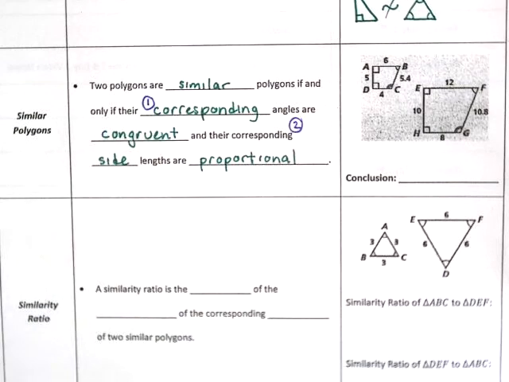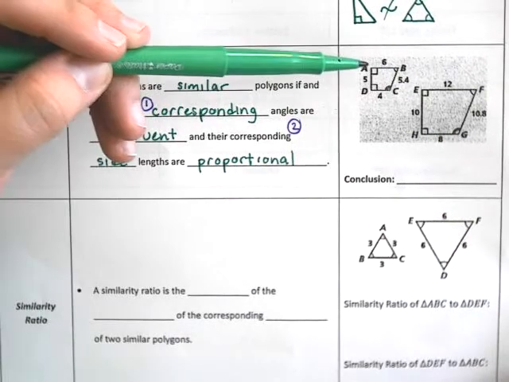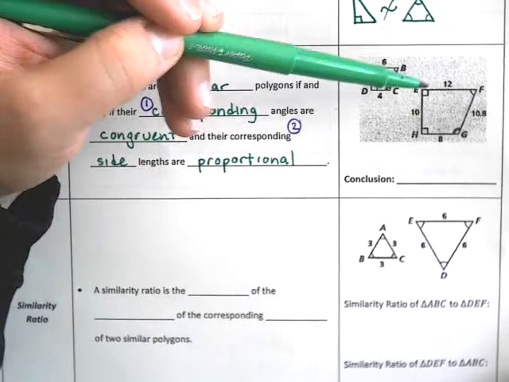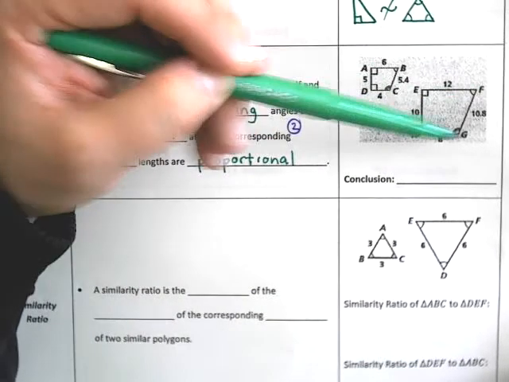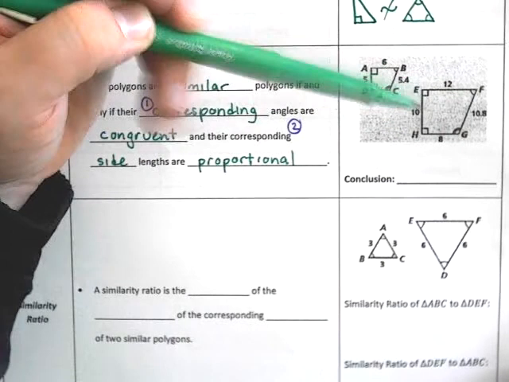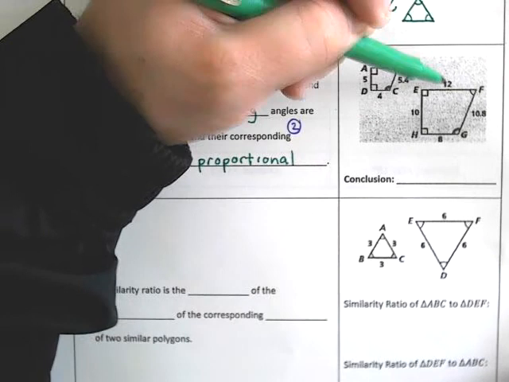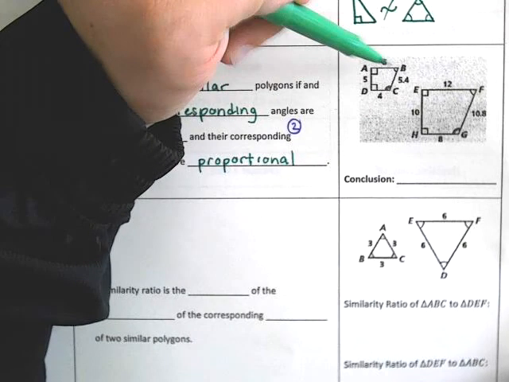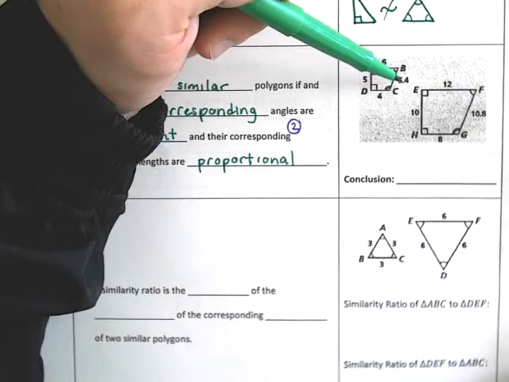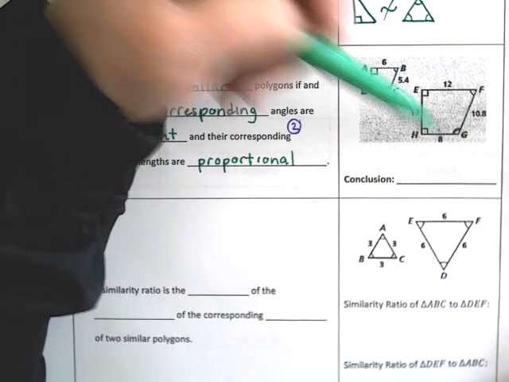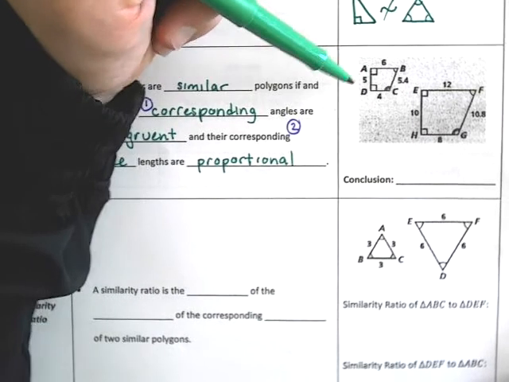Okay? So if we look at this picture to the right, we have A, B, C, D, E, F, G, H. We notice that all of the angles line up with all of the angles over here. If we tested, we could do, 12 divided by 6, that's 2. 10.8 divided by 5.4 is 2. 8 divided by 4 is 2. 10 divided by 5 is 2.